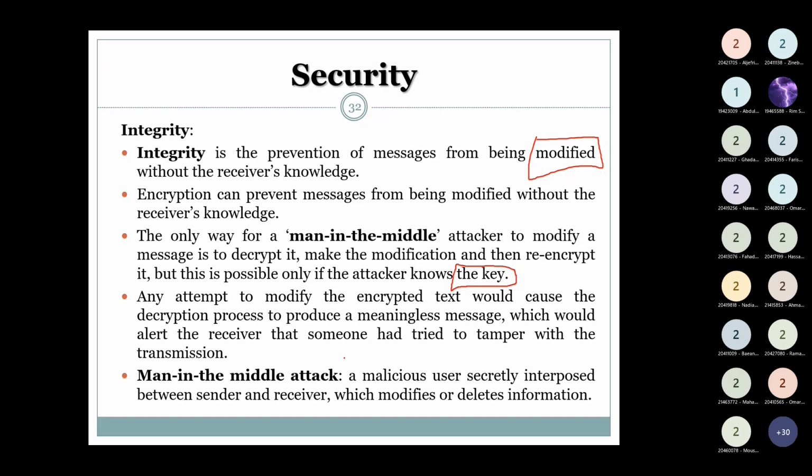So any modification on the ciphertext, when the receiver receives this message, he will decrypt it, and once he gets a meaningless result, he will automatically understand that there is a man in the middle who wishes to alter this message, but he cannot because the message is already encrypted.